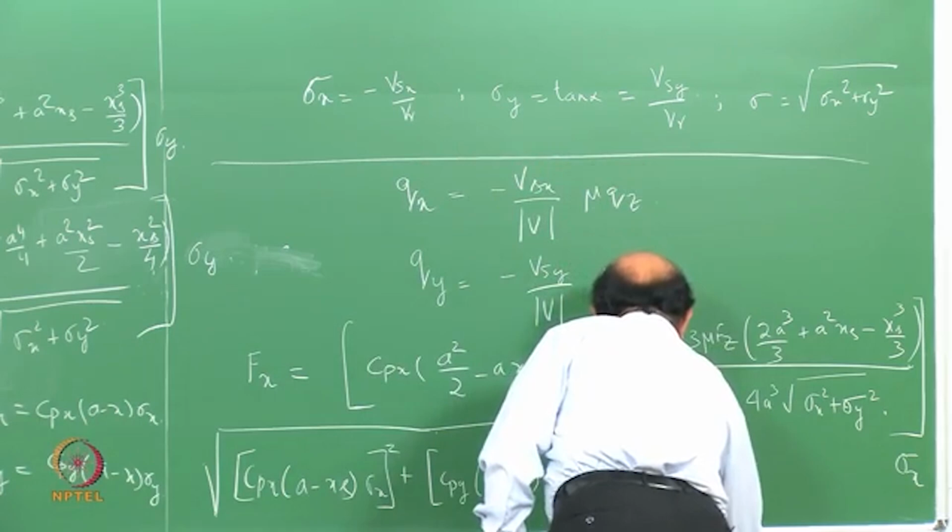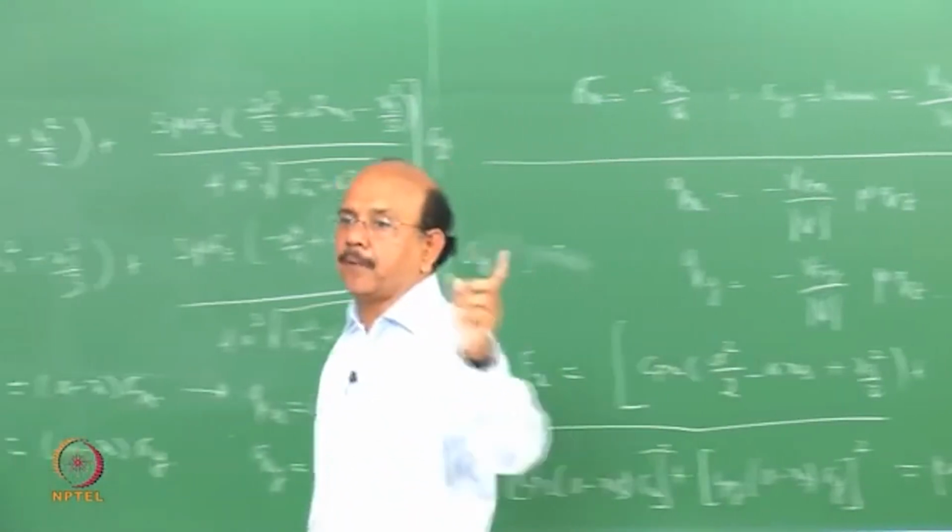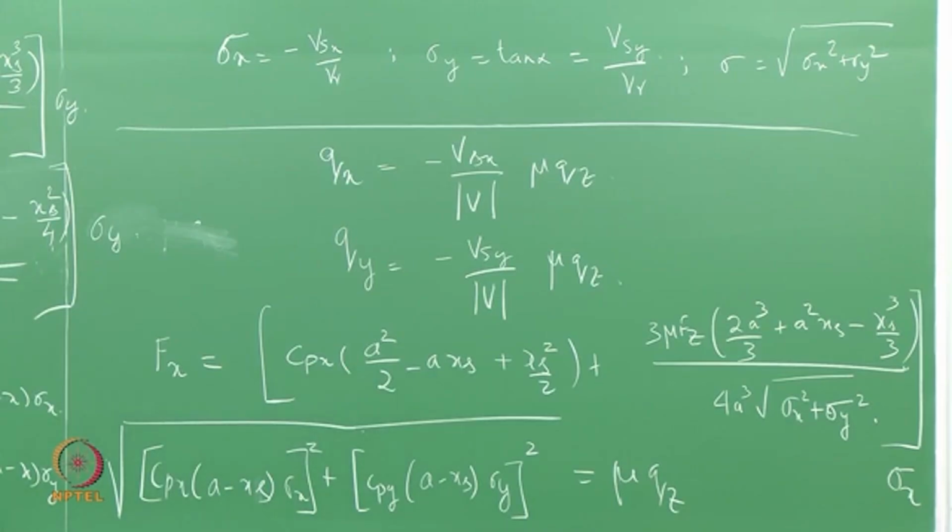Remember, Qz we got from the parabolic distribution in our earlier class, so you can substitute for Qz, solving which you will get xs.